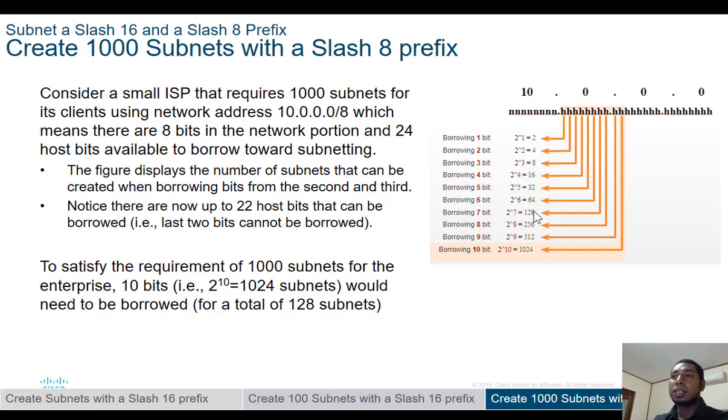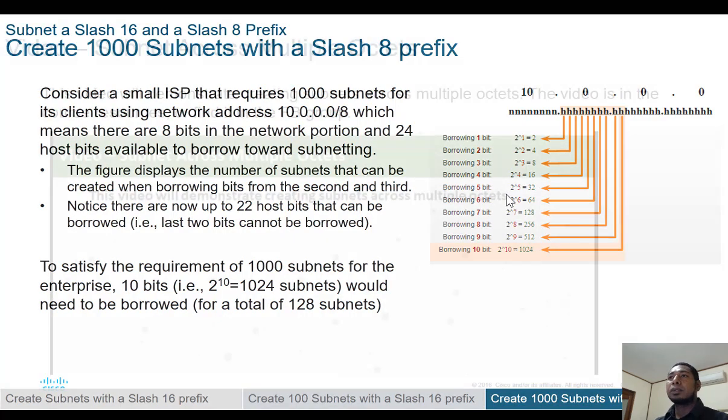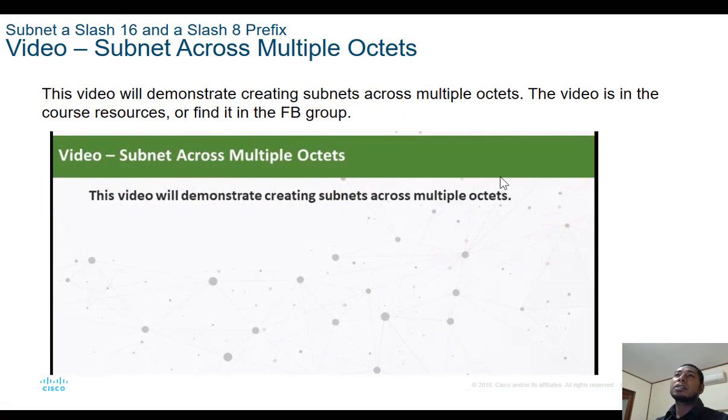So class A /8, we don't touch the first octet. Class B /16, we don't touch those 2 octets, the first and the second octet. /24, we don't touch the first 3 octets. We work with the last octet and we borrow bits from there to find out the number of subnets we can have in that class of address, and we also find the number of hosts in that class of address.